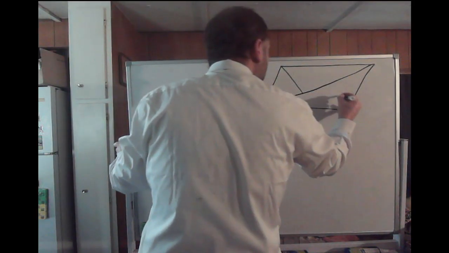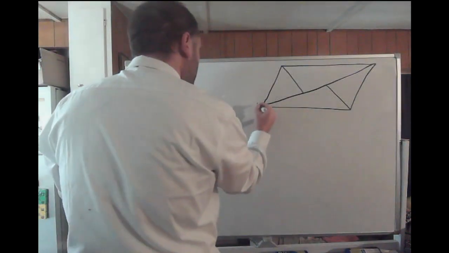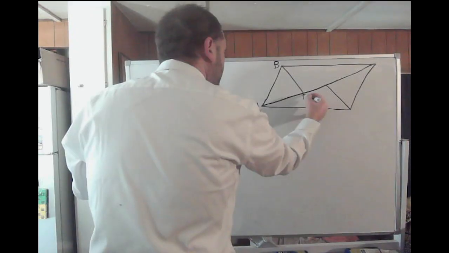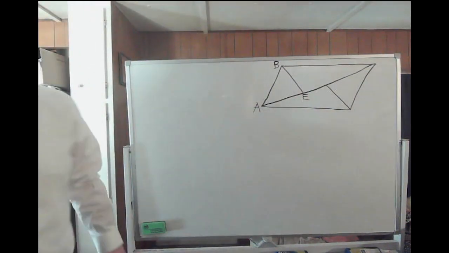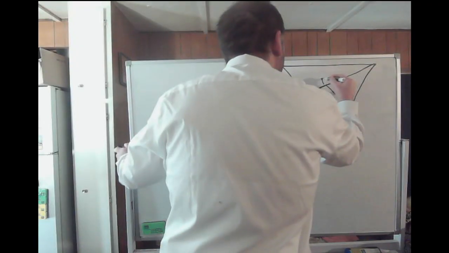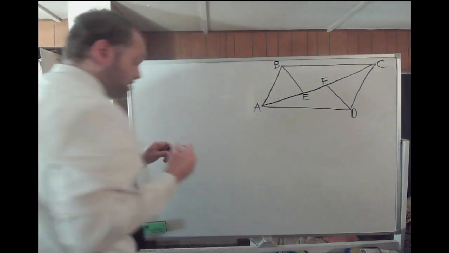And then we have from here to here. Okay. Let's label our points. Here's point E right there. This is F, D, C.